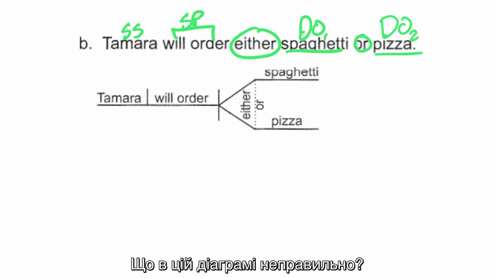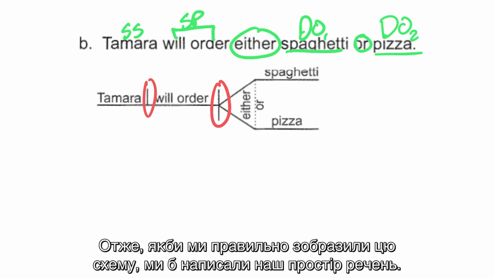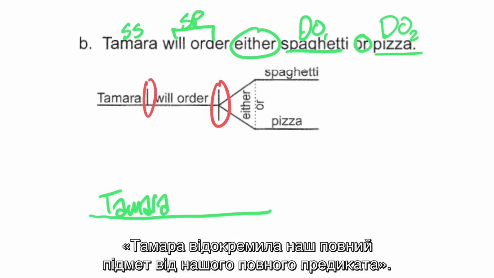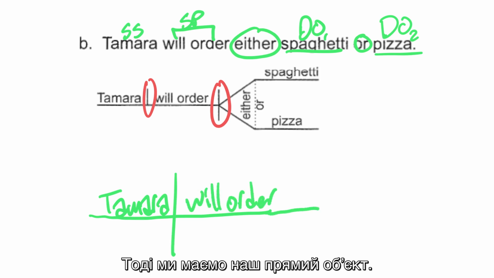What is incorrect about this diagram? You can see that those lines are incorrect, and so if we were to diagram this correctly, we would write out our sentence base. Tamara, split our complete subject from our complete predicate, will order. Then we have our direct object.